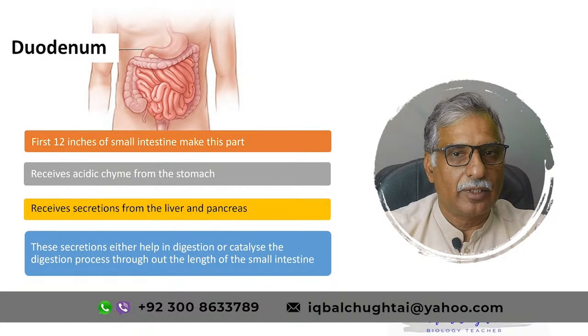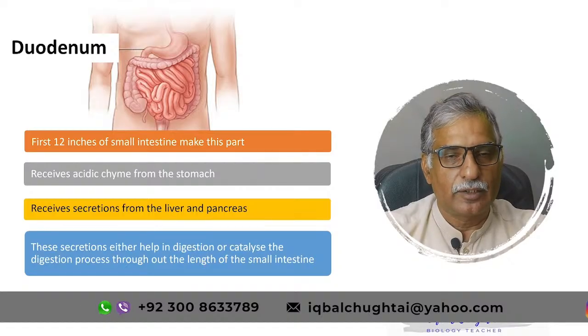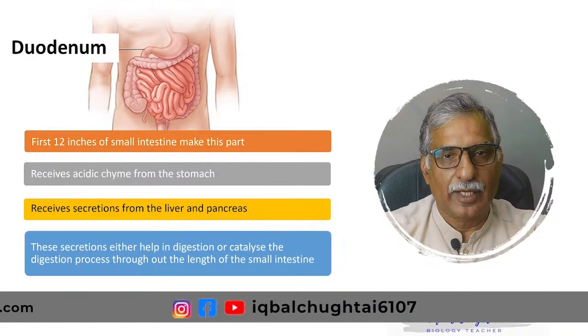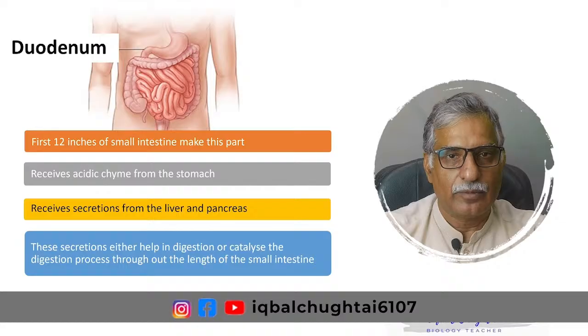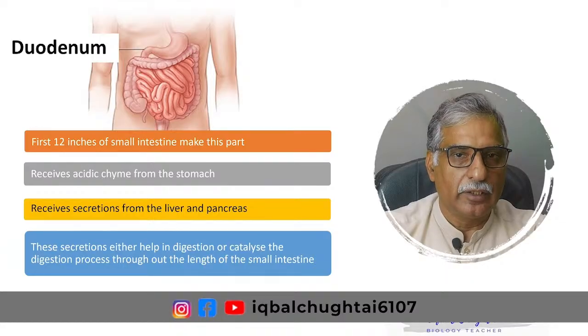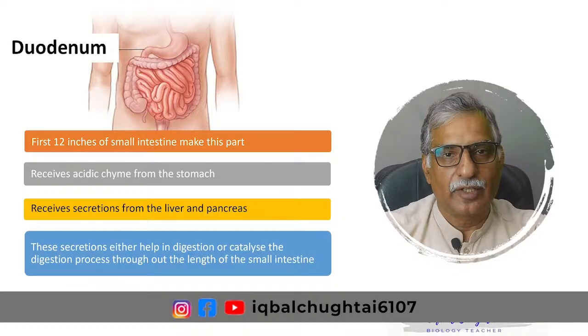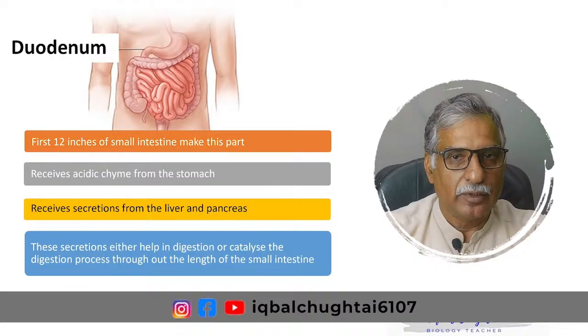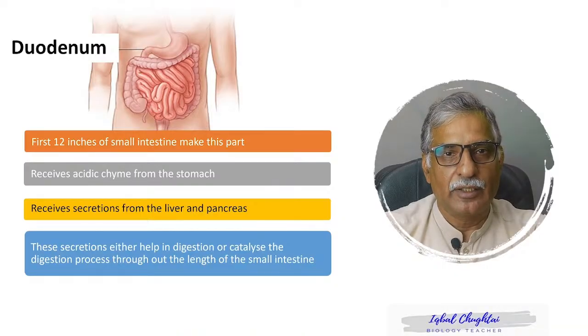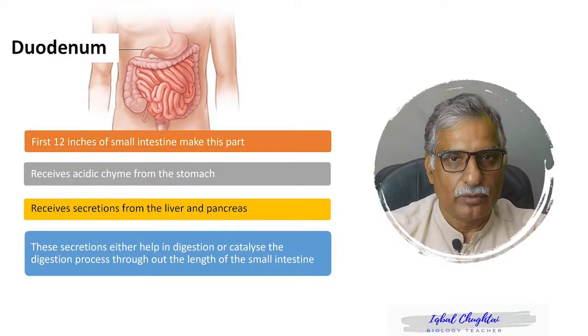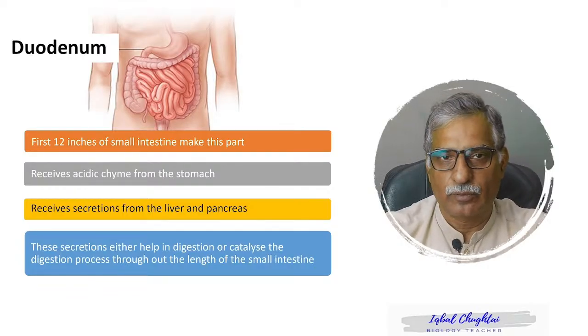This acidic chyme contains HCl, which is likely to denature all the enzymes that are to digest food in the small intestine. Why? Because in the small intestine, enzymes need an alkaline environment, but the chyme contains acidic HCl, so it would likely denature the enzymes. So no digestion is likely to take place in the small intestine.